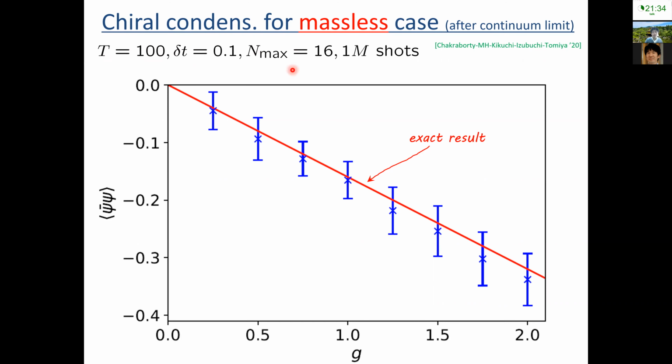And N is basically the number of qubits, or the number of sites along the spatial direction. And this is a plot of the expectation value of the fermion mass operator against gauge coupling. The red line is the exact result by analytic computation using the bosonization technique. And we see that we have agreement within errors with the exact result.